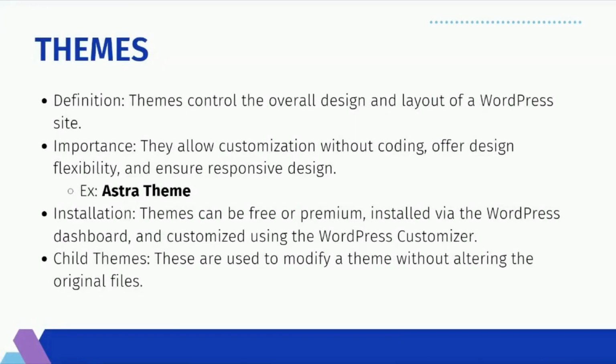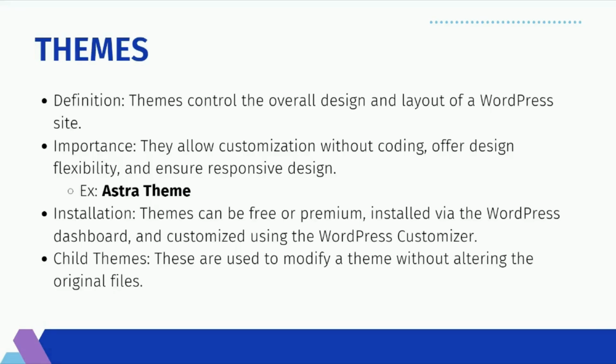Themes. Themes control the overall design and layout of a WordPress site. Importance. They allow customization without coding, offer design flexibility, and ensure responsive design. Example: Astra. So themes provide a design and also functionality for the website.